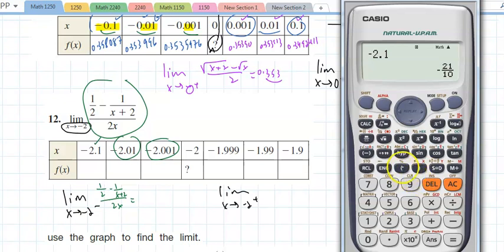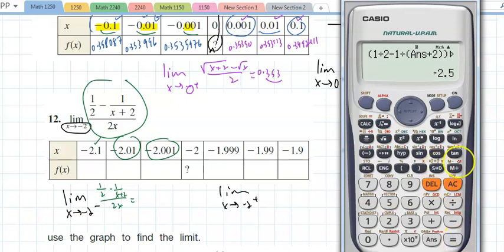This says parentheses 1 divided by 2. There it is. Minus 1 divided by parentheses answer plus 2. That's the entire top. Done. Divided by, parentheses, 2 times my answer. That'll take care of it.